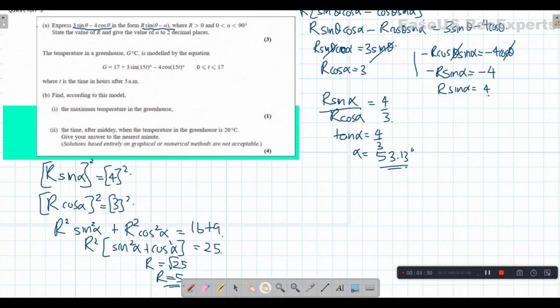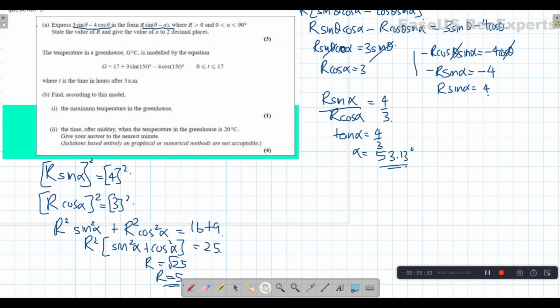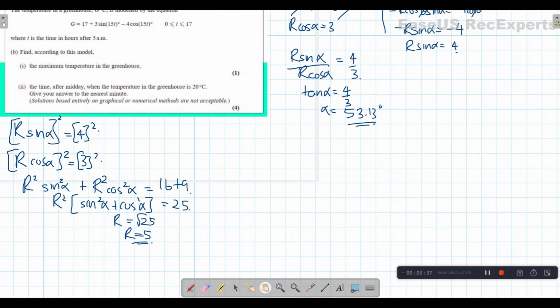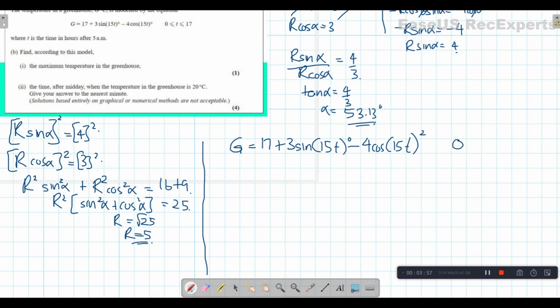The temperature in a greenhouse, G degrees Celsius, is modeled by the equation G equals 17 plus 3 sine 15t degrees minus 4 cos 15t degrees, and t is between 0 and 17.